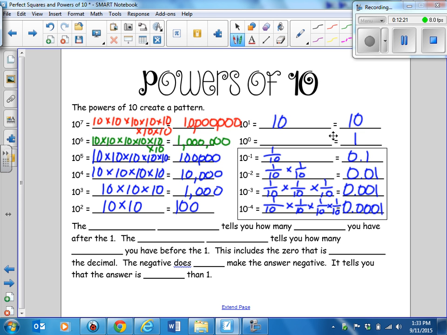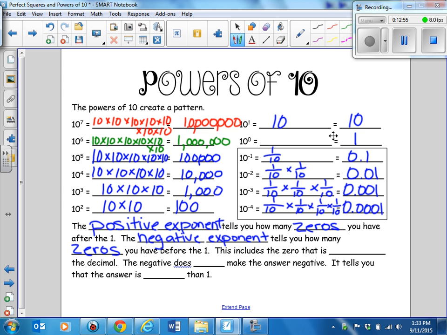All right, now the positive exponent tells you how many zeros you have after the 1. The negative exponent tells you how many zeros you have before the 1.